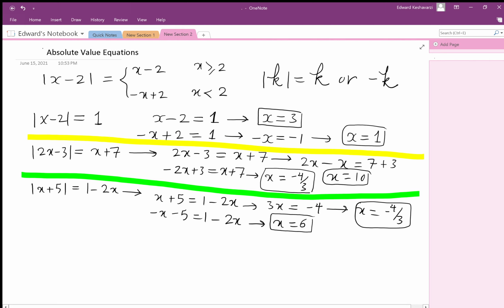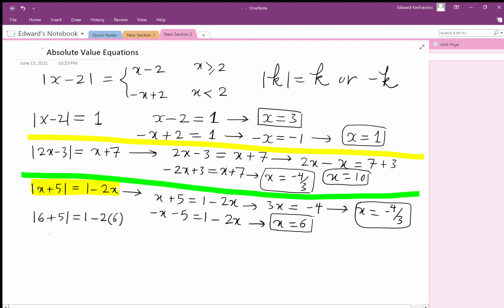But x equals 6 might not work. Let's try to verify that. If x equals 6 is a real solution, both sides of the original equation, the one that I made yellow here, must be the same. Let's give it a try. By plugging in x equals 6, we get the absolute value of 6 plus 5 equals 1 minus 2 times 6.